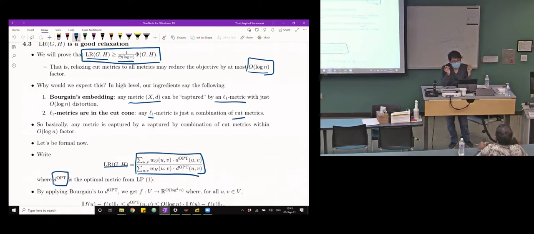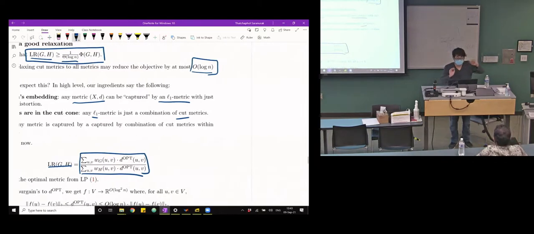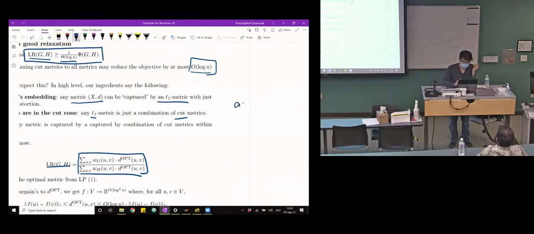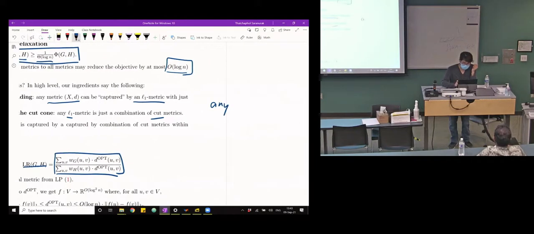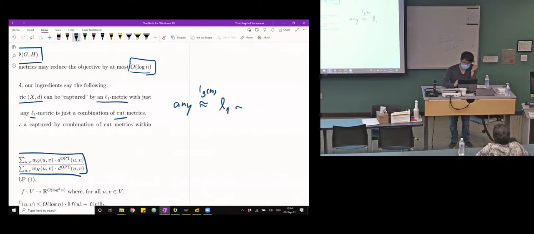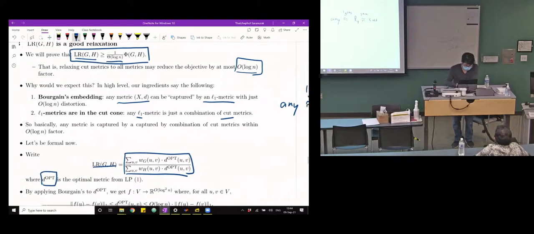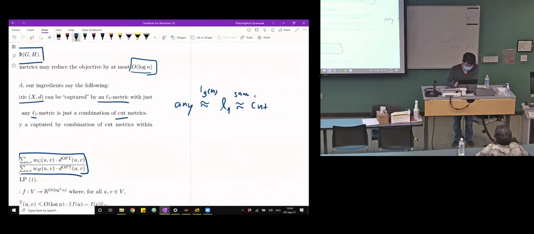Yeah, right, sorry. Between anything and L1, yes. Okay. So that is why this order of log n is coming, because we are going from anything to L1. And I should say combination.